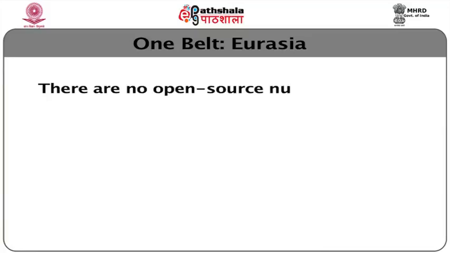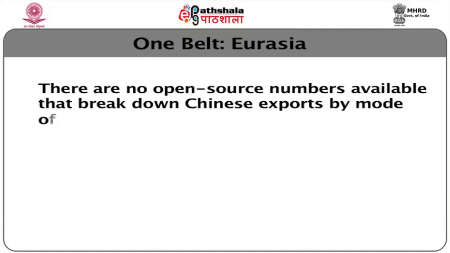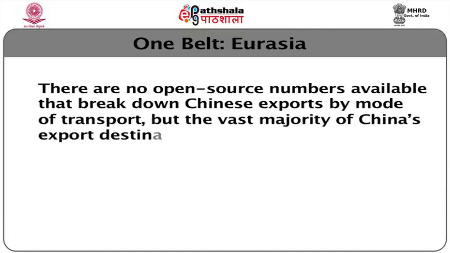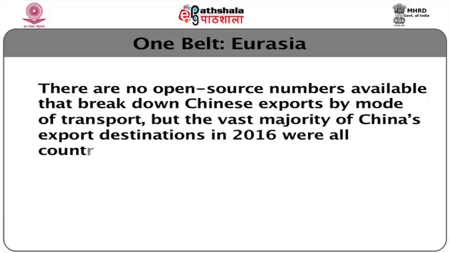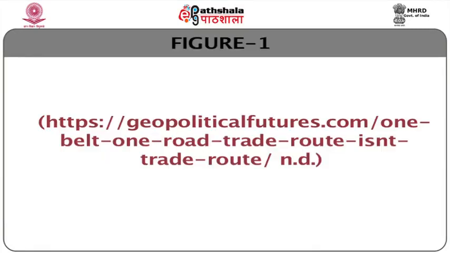There are no open source numbers available that break down Chinese exports by mode of transport, but the vast majority of China's exports in 2016 went to destinations to which Chinese goods arrived by sea and not by land.